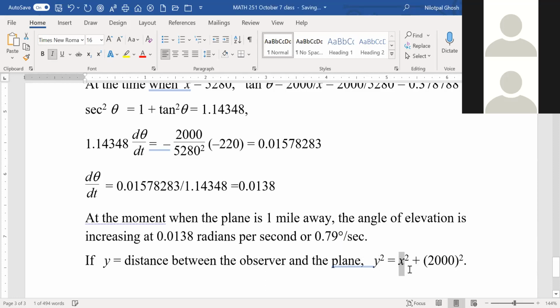Look at that picture that I asked you to draw. So taking derivatives with respect to time, we get this thing.